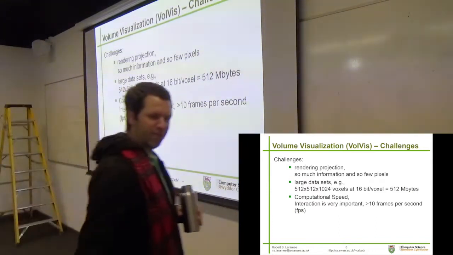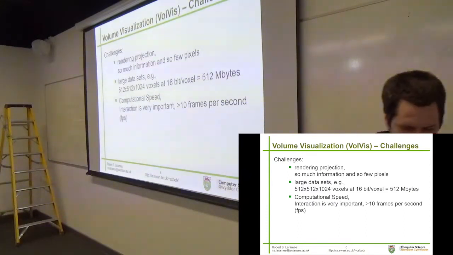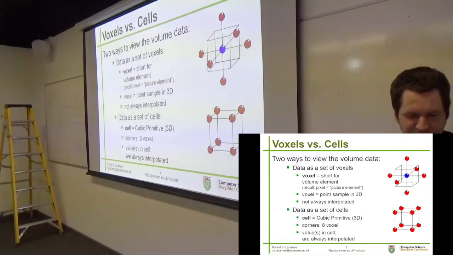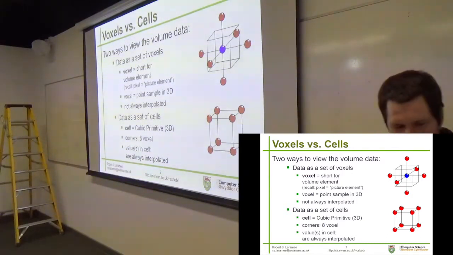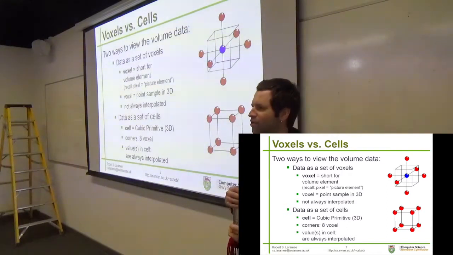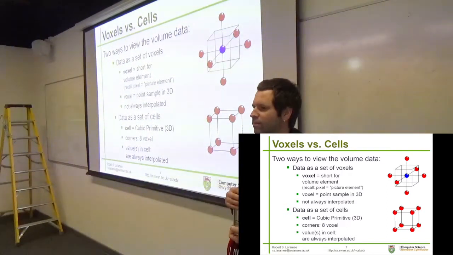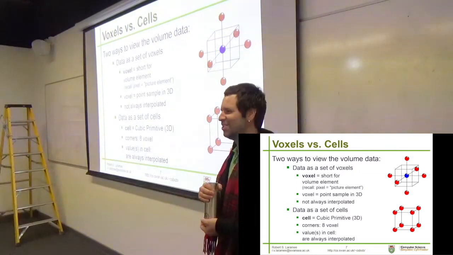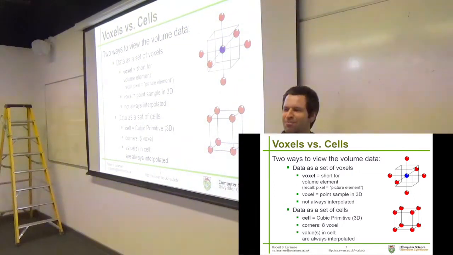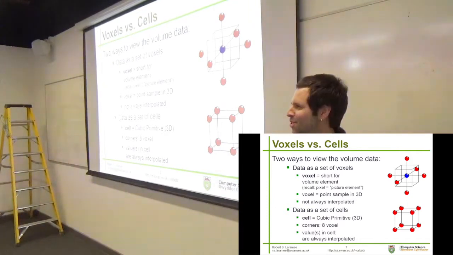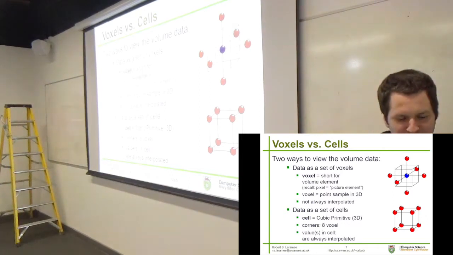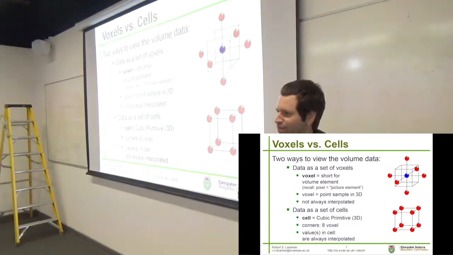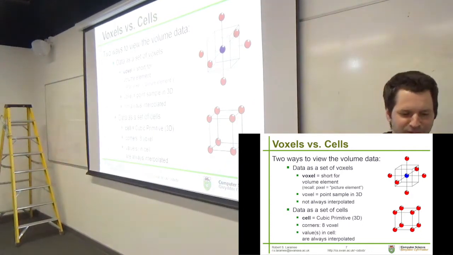So the volume data is usually laid out either as a set of cells or so-called voxels. Anybody ever heard the term voxel before? Voxel is short for volume element, and it comes from pixel, which is short for picture element.